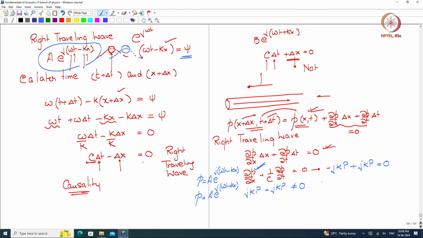So if I do del phi by del x plus i k phi of x equal to 0, if I create this condition, where phi of x is a solution, because harmonic is anyway assumed, then this condition, d phi dx plus i k phi of x equal to 0, will give me the right travelling wave.